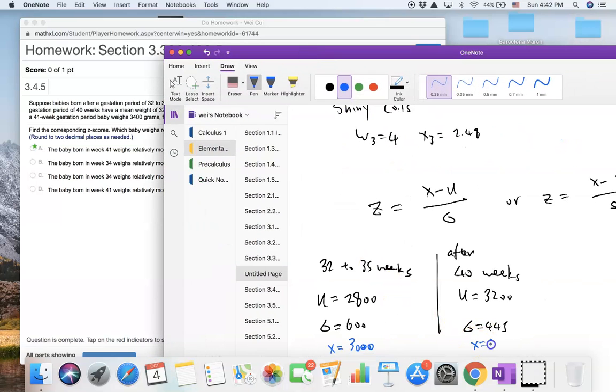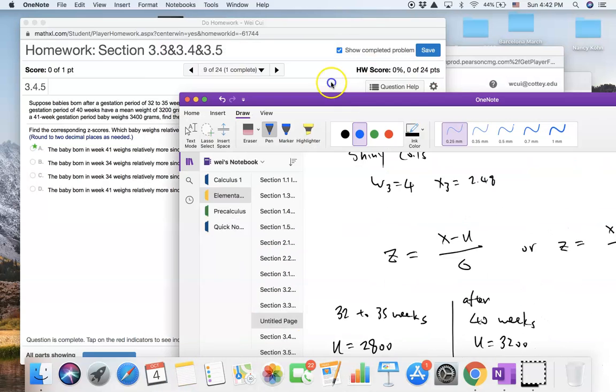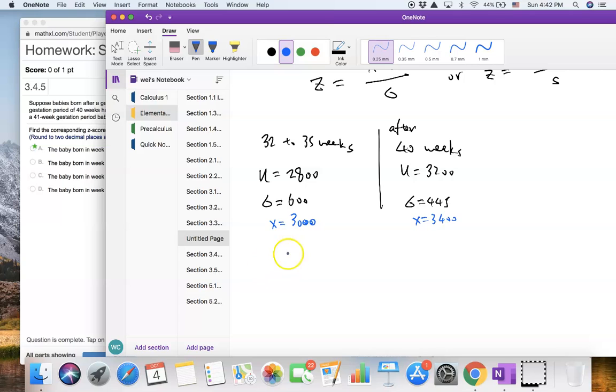So x equals 34. The z-score for this baby is 3,000 minus 2,800 divided by 600, and the z-score for this baby is 3,400 minus 3,200 over 445.